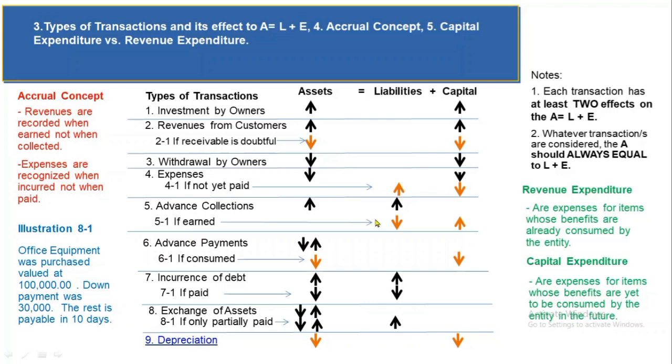And if you have earned a portion of the advance collections from the customers, those are to be recorded at the end of the year. And in case of your advance payments, of course, the portion consumed are recognized at the end of the year also, as well as the depreciation.